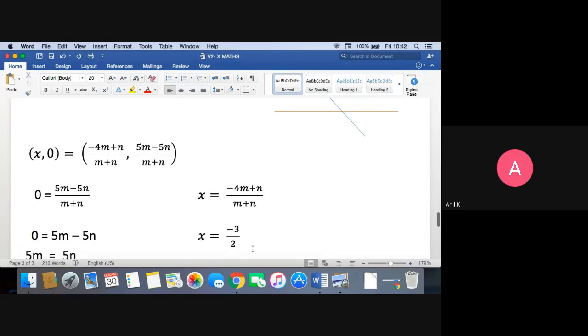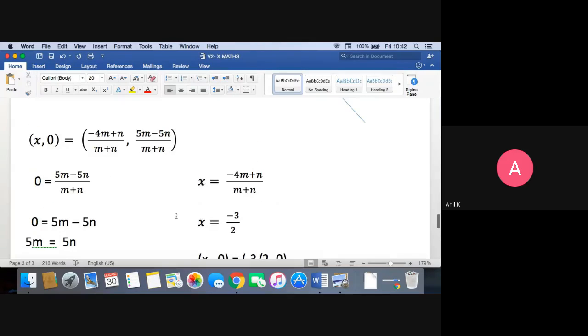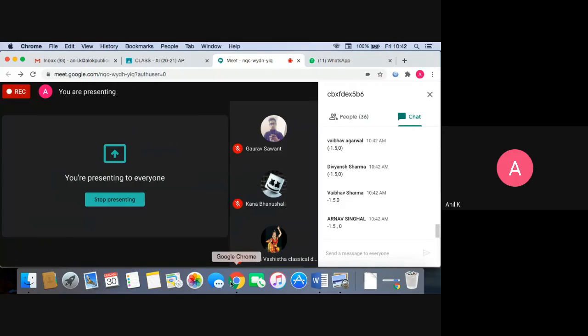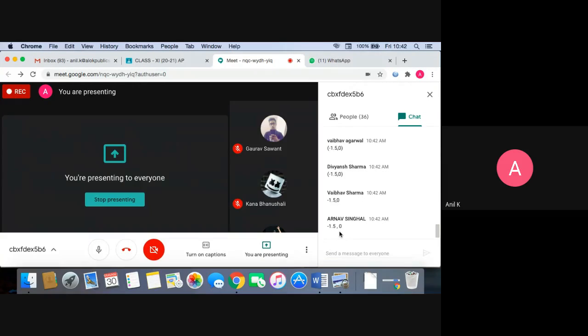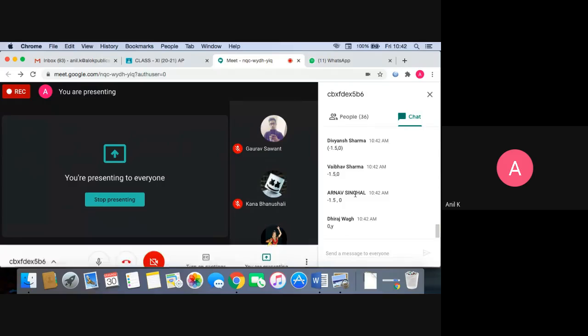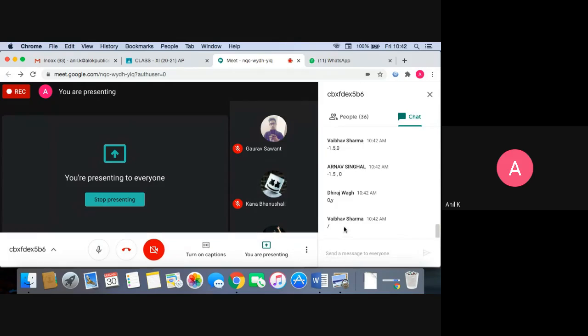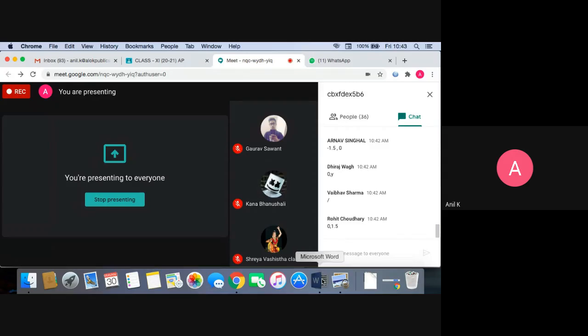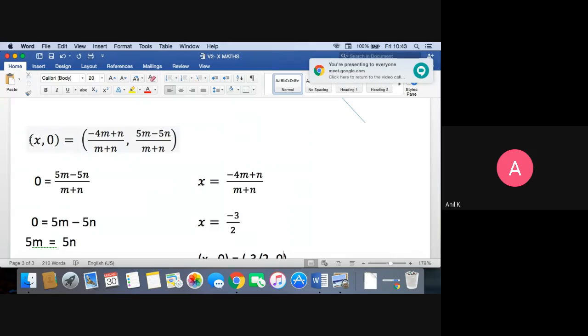Is that clear? If it is the x-axis, then I have taken the point as x comma 0. If it is divided by the y-axis, can you tell me what my point will become? If it is divided by the y-axis, then what is the point? No, I'm not asking about the answer, I'm asking about the general point.